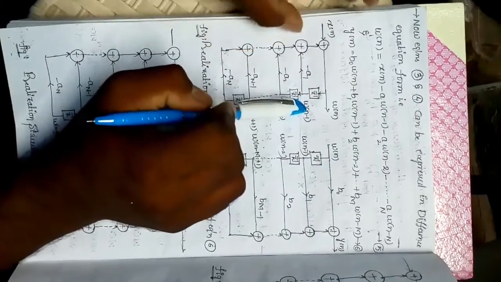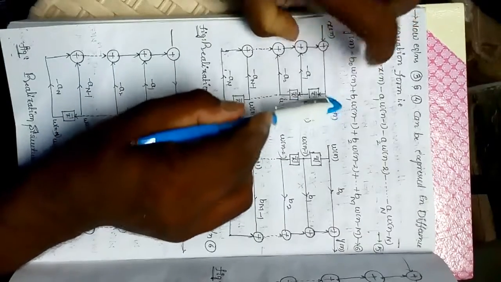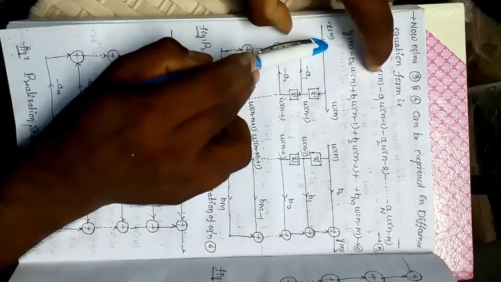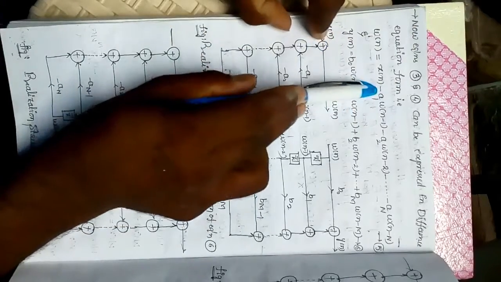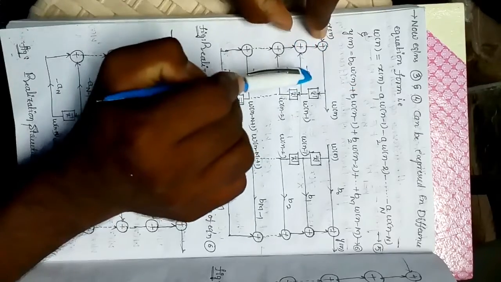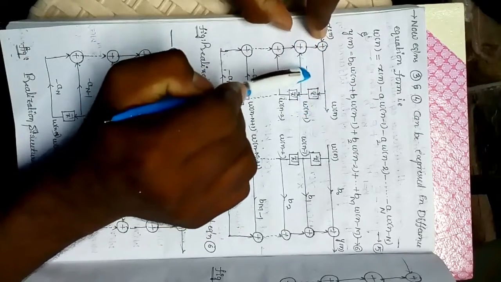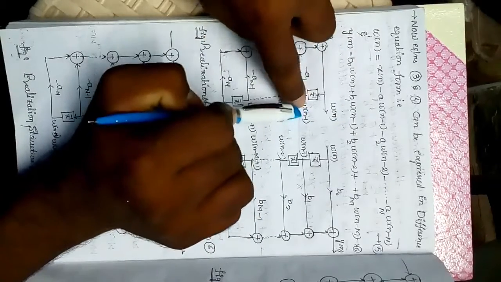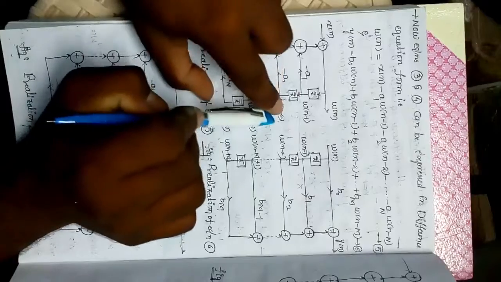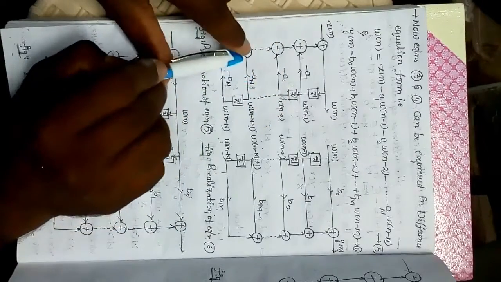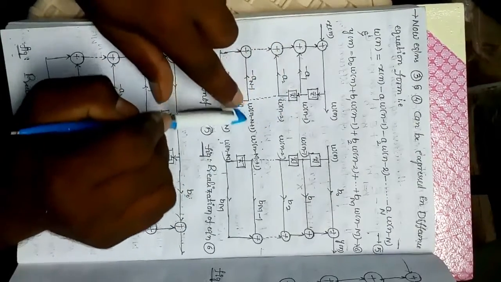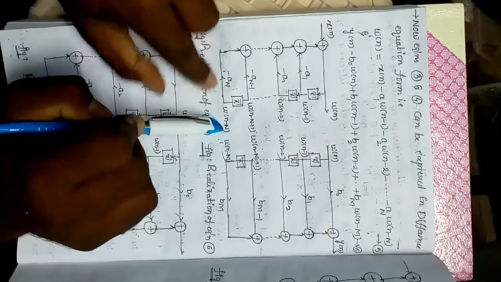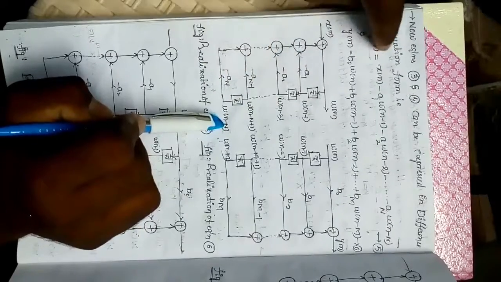Next, w of n is equal to this equation I'm writing. W of n is equal to x of n minus a1 into w of n minus 1 minus a2 w of n minus 2 and so on, minus a n minus 1 into w of n minus n plus 1 minus a n into w of n minus n, and this is the total relation of equation 5.